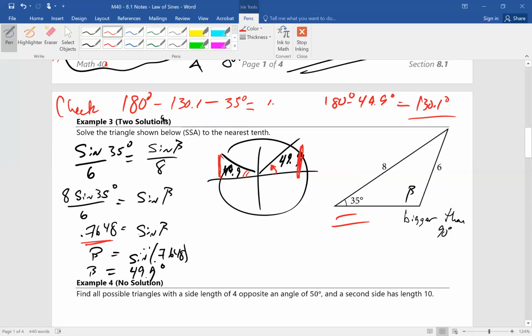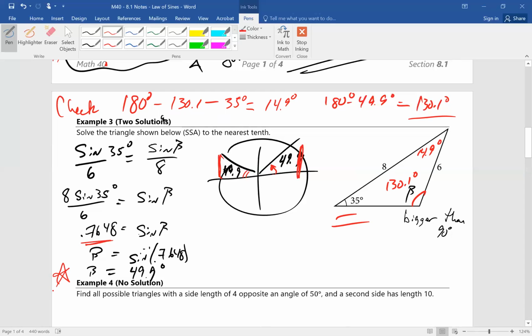In fact, it does work, 14.9 degrees. So that's what you end up having. This ends up having to be 14.9 degrees. This angle here has to be 130.1 degrees. Okay? So you have a solution here that's not the solution that you started out with.